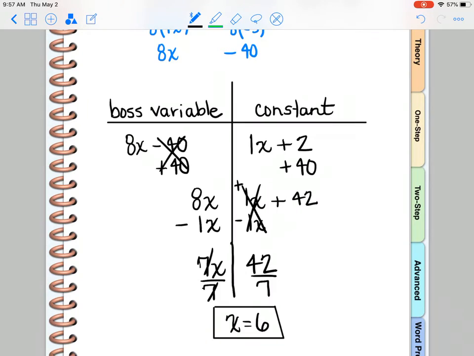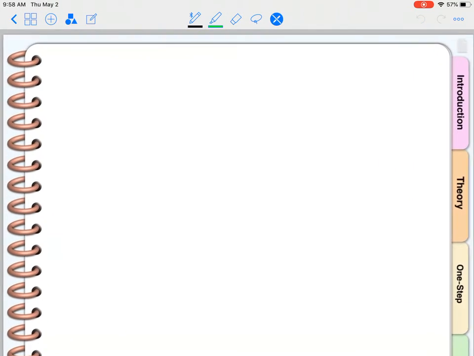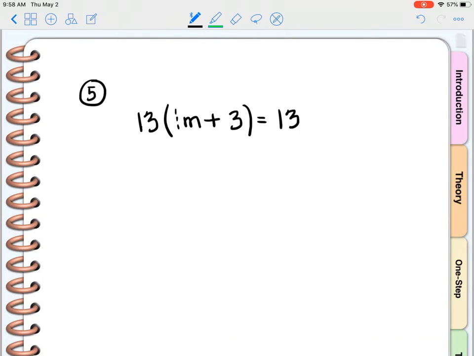Okay. All right, one more of these. And this is number 5. 13(m plus 3) equals 13.